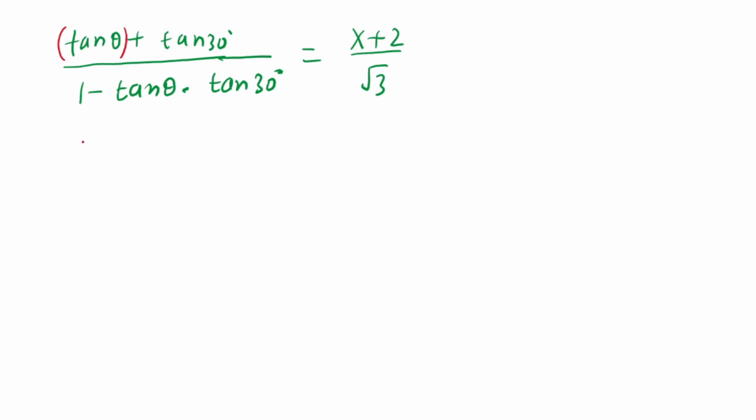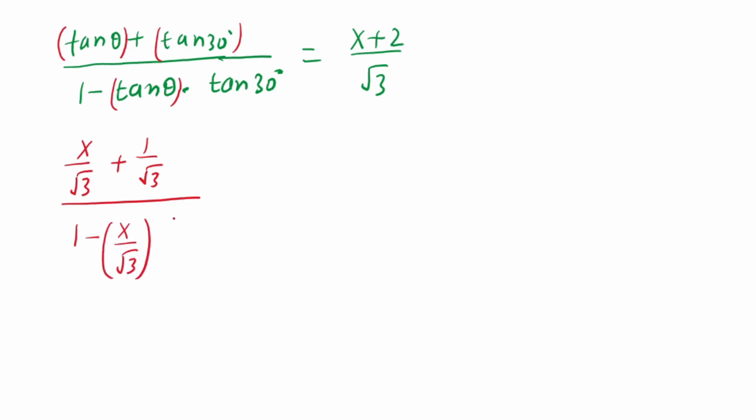So tan theta is replaced by x over square root of 3, plus tan 30 replaced by 1 over square root of 3, divided by 1 minus x over square root of 3 multiplied by 1 over square root of 3, and this equals x plus 2 over square root of 3.